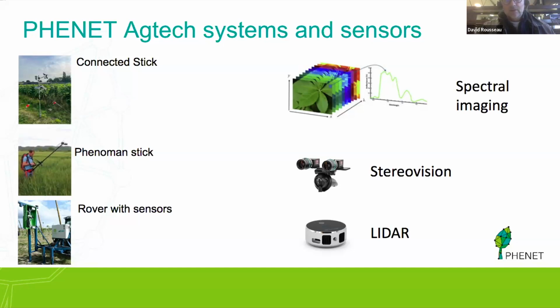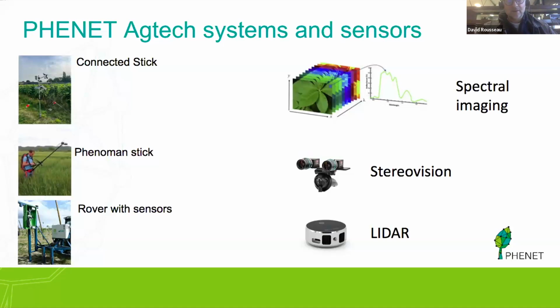The phenomenon stick, as you can see here, is a set of stereo vision cameras, which is held by a human that can go freely to a location in the field. So it's complementary to the connected stick because you have the degree of freedom to go wherever you want, while the connected stick has to be settled in a position, especially suited when you have this relationship with the satellite here.